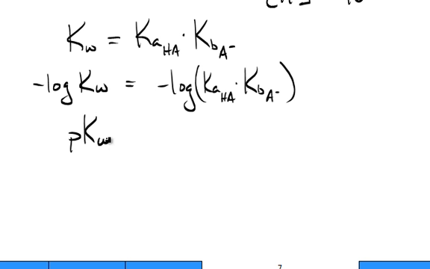So these formulas are very important and frequently used, relating pKw, pKa, and pKb of a conjugate pair for a reaction, and also pKw to pH and pOH. Again, this is all for aqueous solutions.